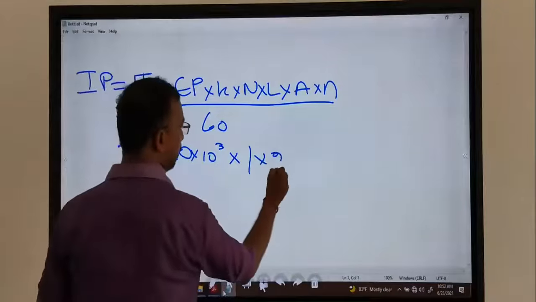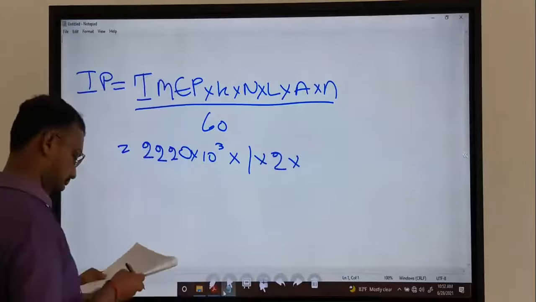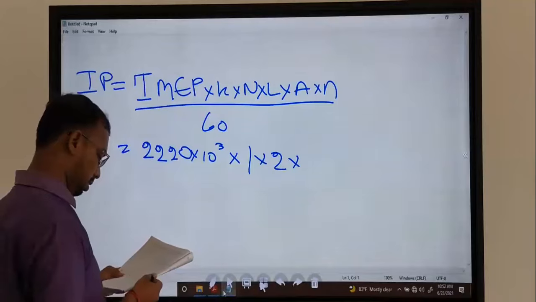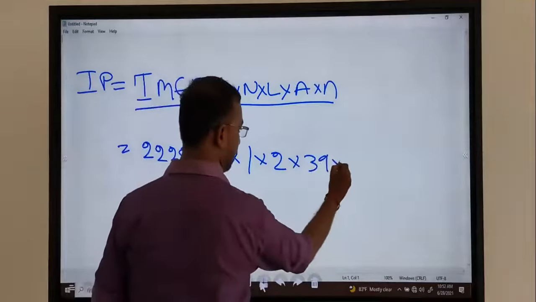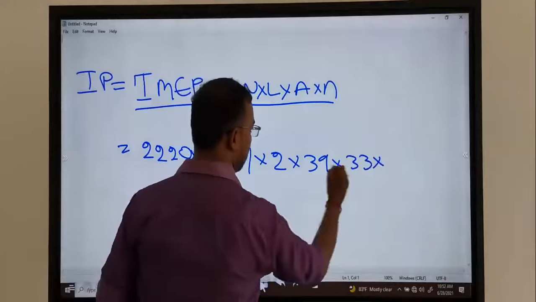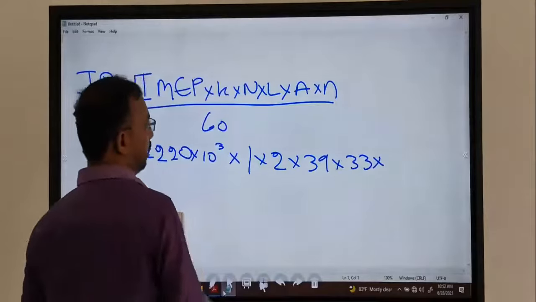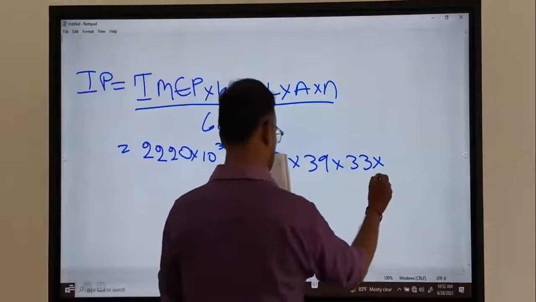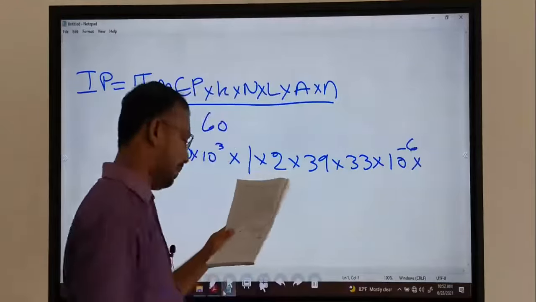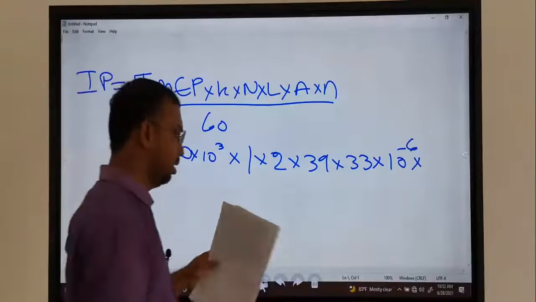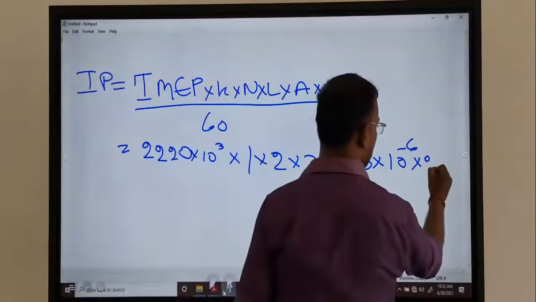So 1, 2, 39 into 33 both, the stroke and bore, and here 10 to the power minus 6, and the RPM is 2000 RPM.